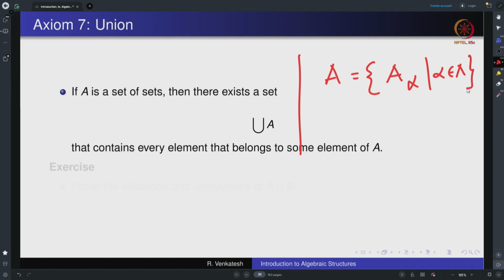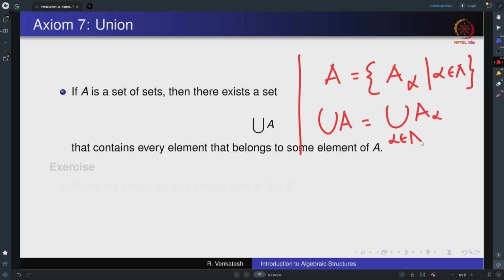I will talk about the indexing set later, but in practice this is how one writes the union. The union A is exactly the union of A alpha, alpha in capital lambda, and axiom 7 guarantees that such a union exists.